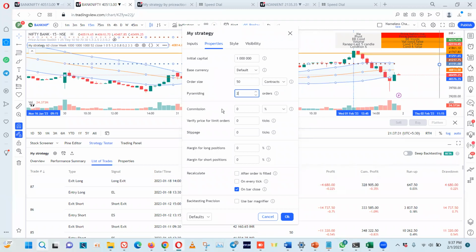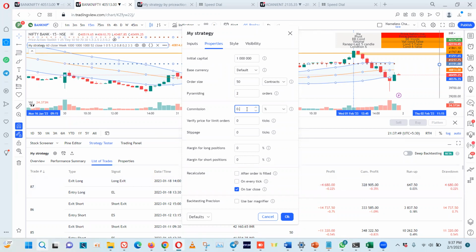Then here there is an option to write commission. So we can add commission also. Now here, if you see, cumulative profit is 3,28,000 for 87 trades, but commission is 0.